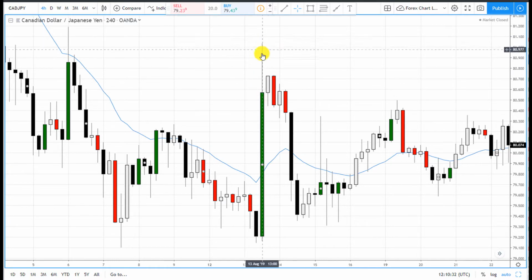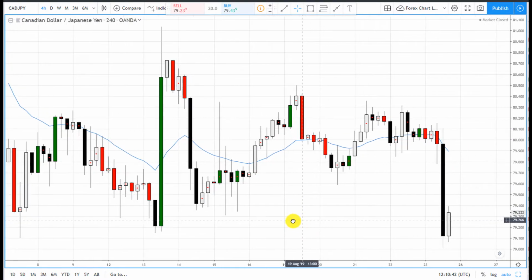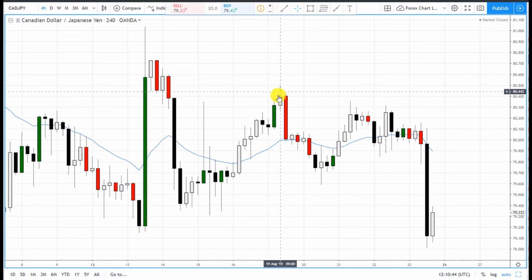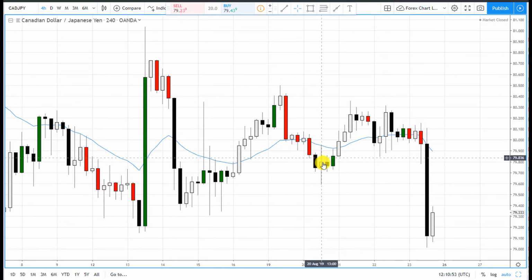So price went up here, and then all the sellers pushed it down, and that's why it formed this wick, and then it finally dropped down. I'm not saying that every time there's a wick, this long tail means it's going to go down.